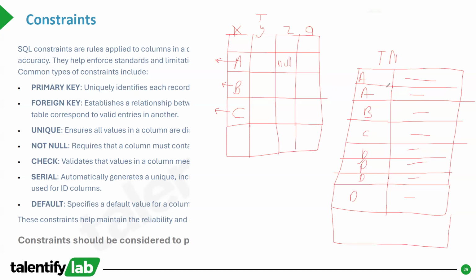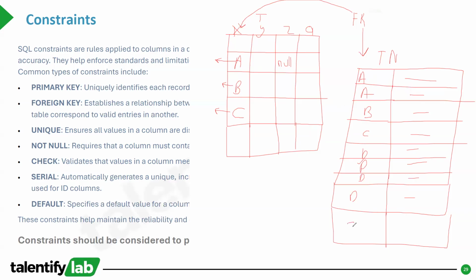This column will be our foreign key. In this foreign key, there must be a reference. The reference will be this column. Why? It means if this A doesn't exist in this parent table, you cannot add here that A.